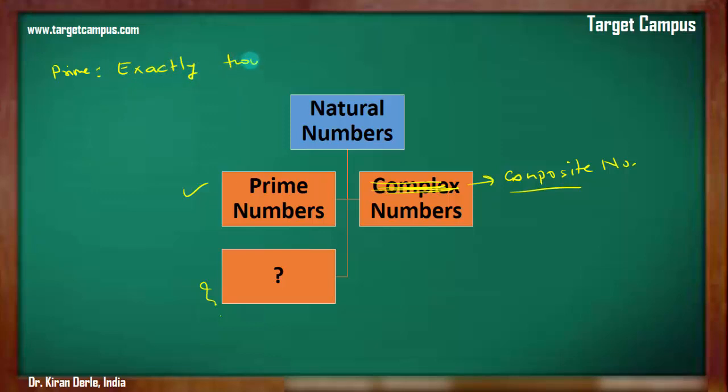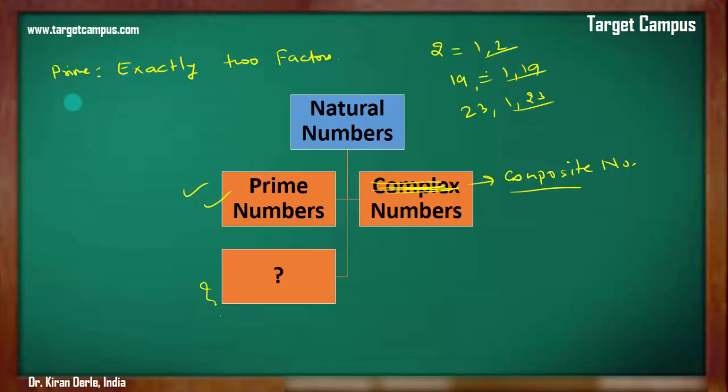This is the technical definition. Exactly two factors. For example, the factors of 2 are 1 and 2. The factors of 19 are 1 and 19. The factors of 23 are 1 and 23. Numbers which have exactly two factors are prime numbers, right?